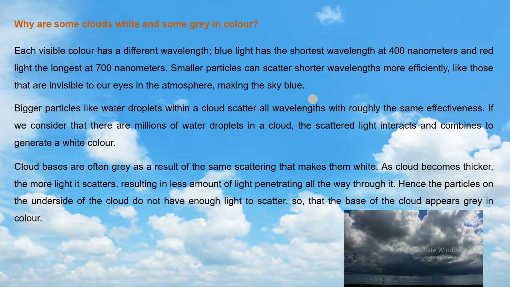That means the size of the particles in the cloud droplets is very high compared to the wavelengths of the visible portion of the electromagnetic spectrum. So because of the bigger size of the particles in the cloud, they scatter the entire visible range of wavelengths more or less uniformly.